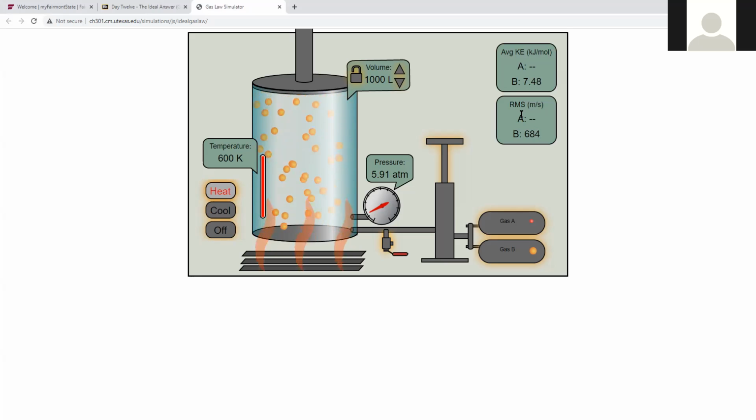So when you apply heat to it, those particles speed up. The faster the particles move, the hotter it gets, and the hotter it gets, the faster the particles move. Those are just directly related.